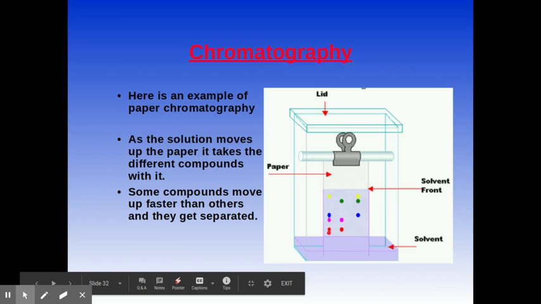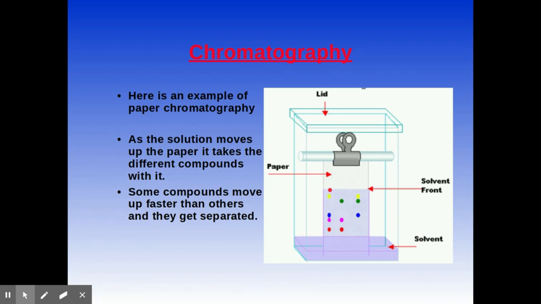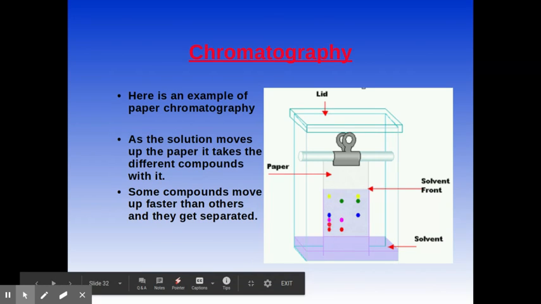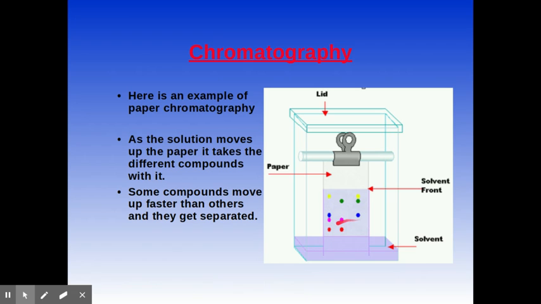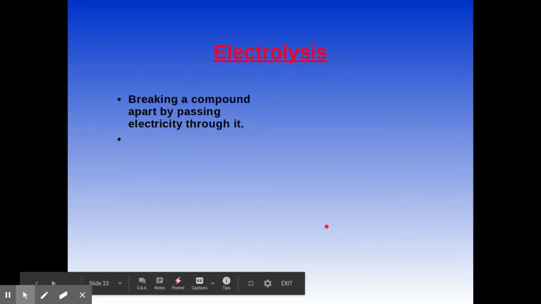But as it moves up through the paper, it's going to take that sample of whatever you put on there with it. But different things in the sample might move faster through the paper. So it'll separate them out. So what you should see with your black marker is that that black ink is made up of lots of different things, and as it moves up the paper, those different colors separate out. So that is the goal with the lab that you're going to do.